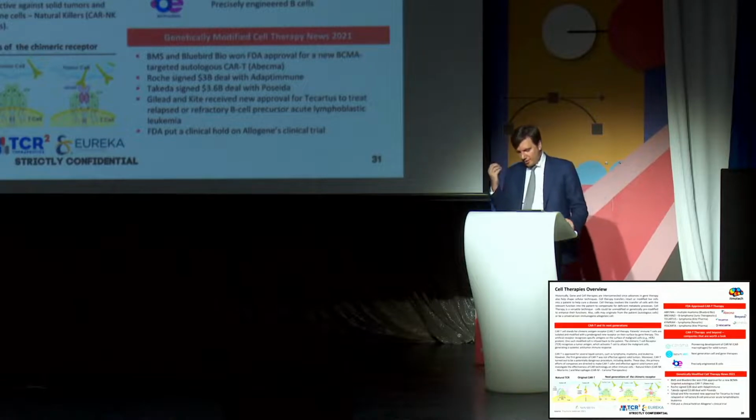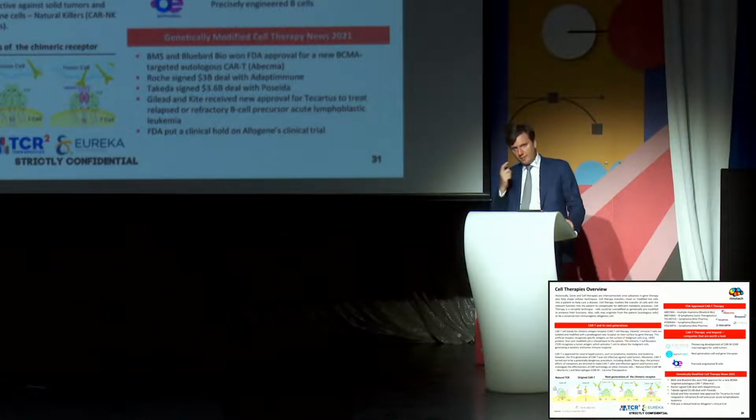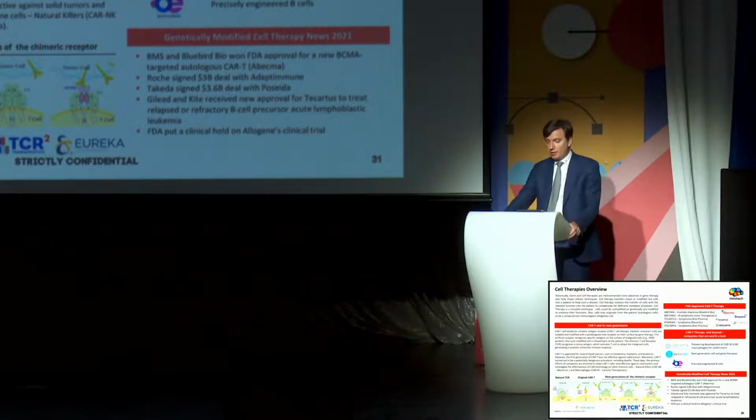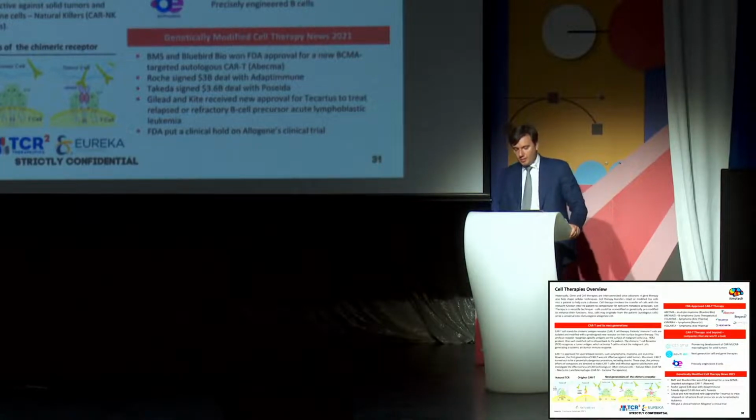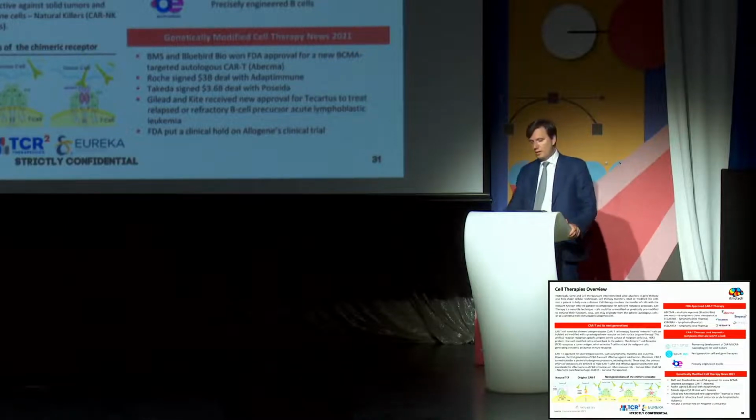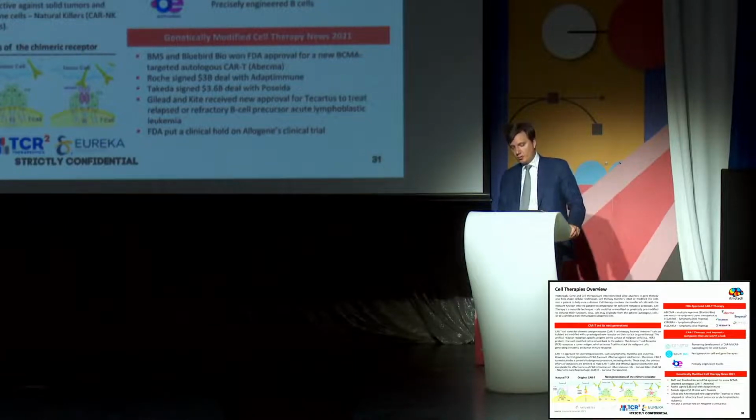So this is CAR T, the hottest area, and I mentioned to you that the first three approvals of CAR T were back in 2017, 2018. These were Juno, Kite, and Novartis, three companies which managed to get the first gene therapies approved in the US based on CAR T technology.